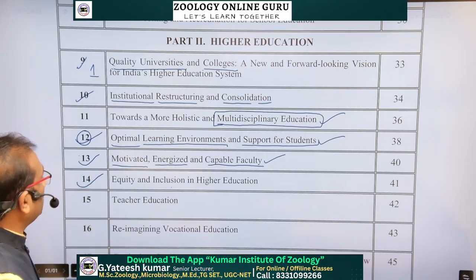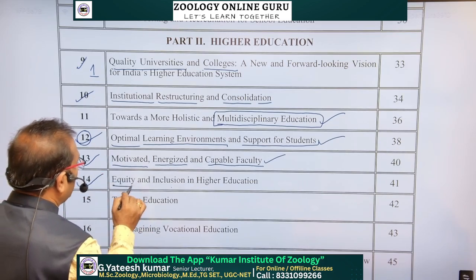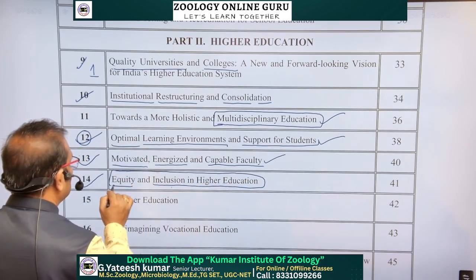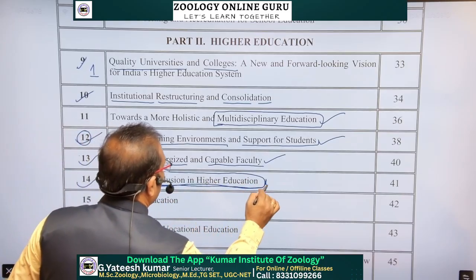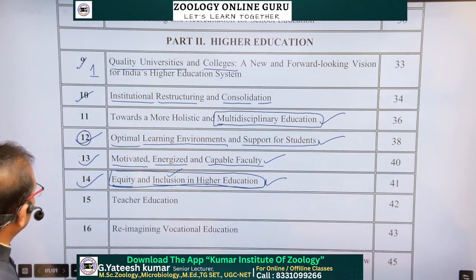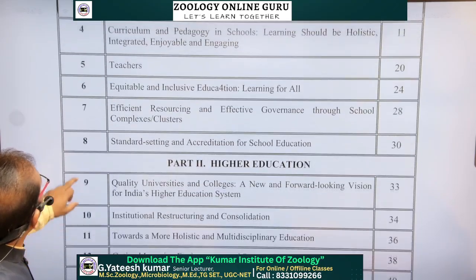Chapter 14, here also the same. In school education we have equity and inclusion, and in higher education also. Not only in school education, in higher education also we have an inclusive education system. So just see where it is in school education.